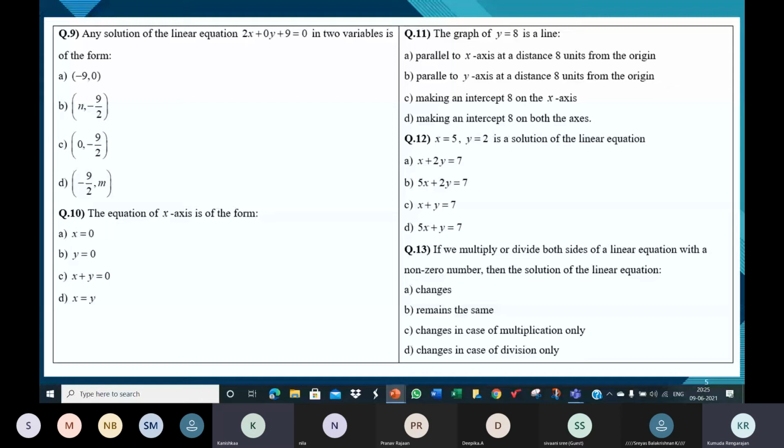Ma'am, y is always 0, ma'am. X is equal to minus 9 by 2. X is always minus 9 by 2.